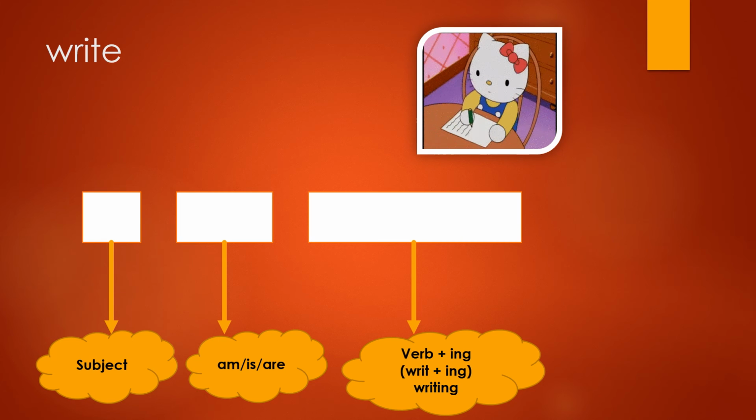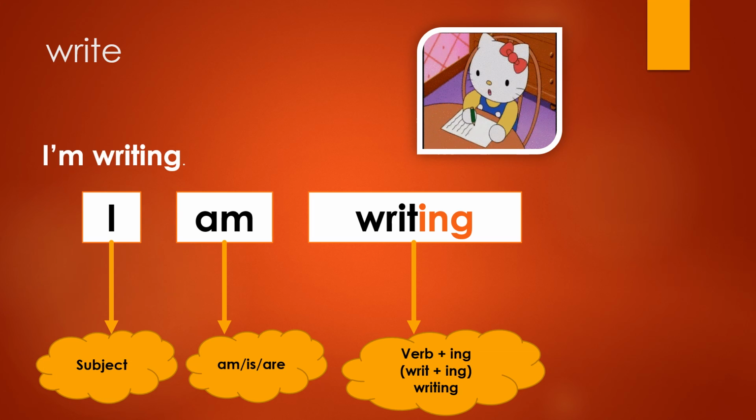Next. This is the verb write. The subject is I, so we should include am. I am writing. Because the end of the verb is the letter e, we have to erase the letter e and add ing. So it becomes writing. You can write it here, I'm writing.